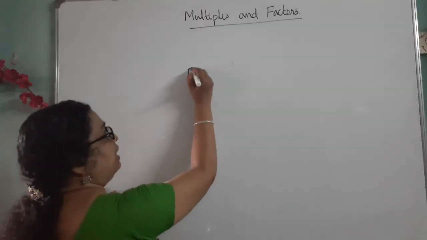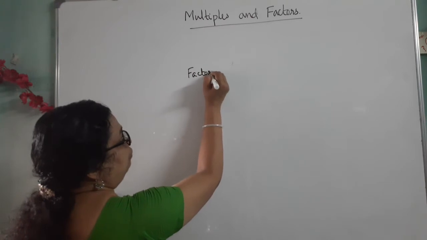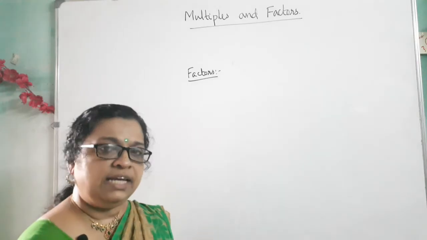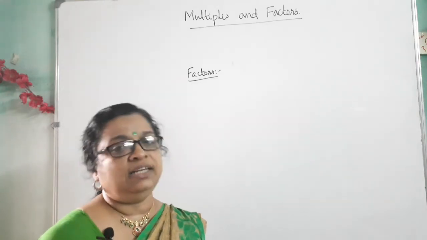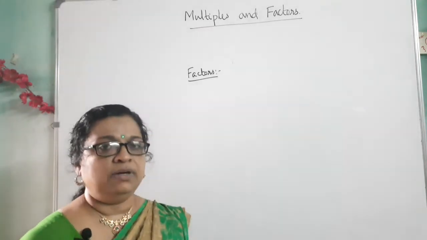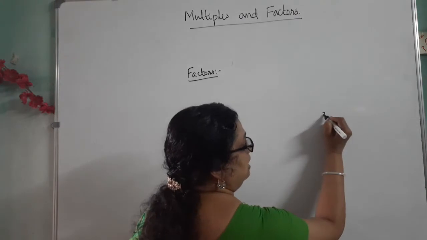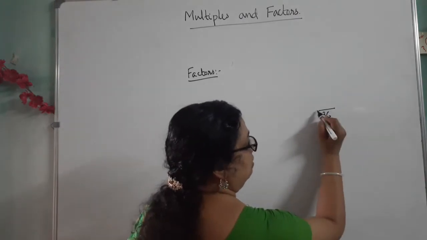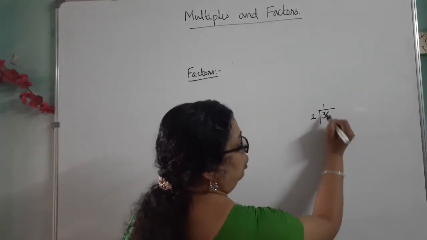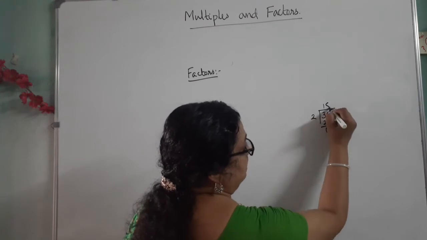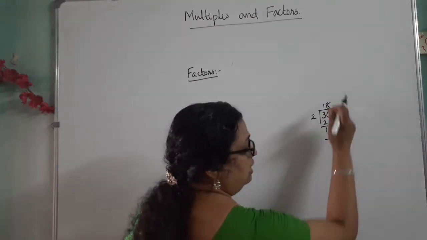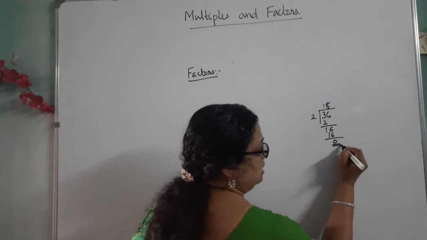The next, factors. And what do you mean by factors? A number which exactly divides that number is called a factor. That is when we are dividing, take 36. If 36 is divided by 2, we get 18 as quotient and 0 as remainder.